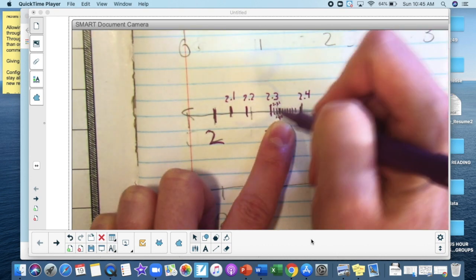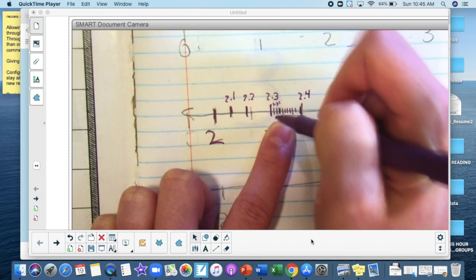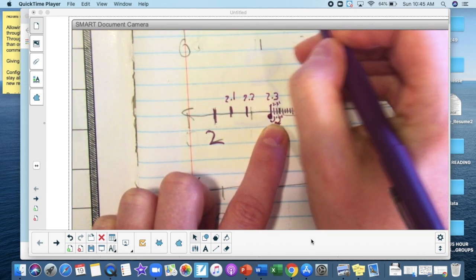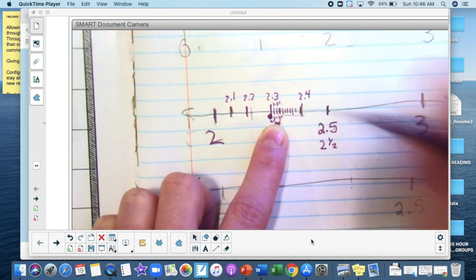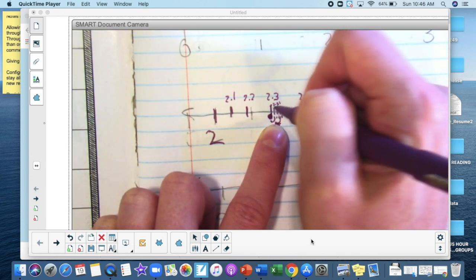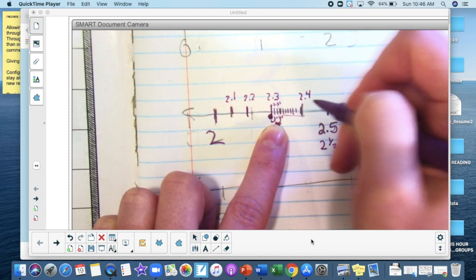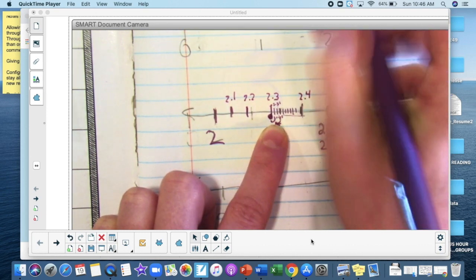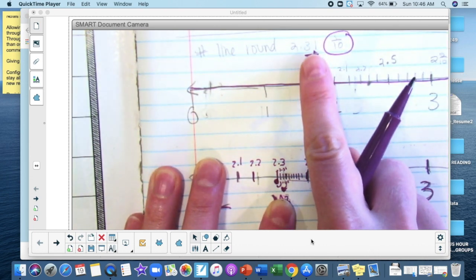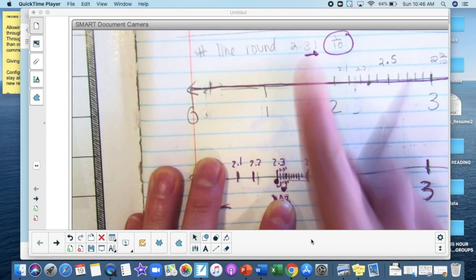So the reason why 2 and 31 hundredths would round to 2.3 is because it's clearly closer to 2 and 3/10 than it is to 2 and 4/10. Because when I'm rounding to the nearest tenth, I'm looking at where my hundredth is and how close it is to that nearest tenth.